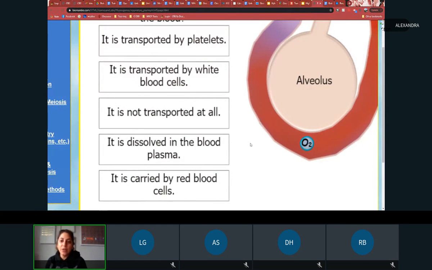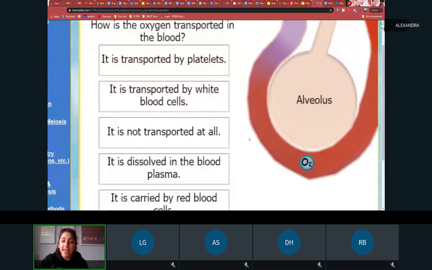Okay, so Logan, you think it's dissolved in the blood plasma then? Okay, what else? That's okay. Part of this is testing your knowledge, right? We went through a simulation, we read through a lesson, and now we're just testing and making sure that we remember. So it's okay if you're guessing.